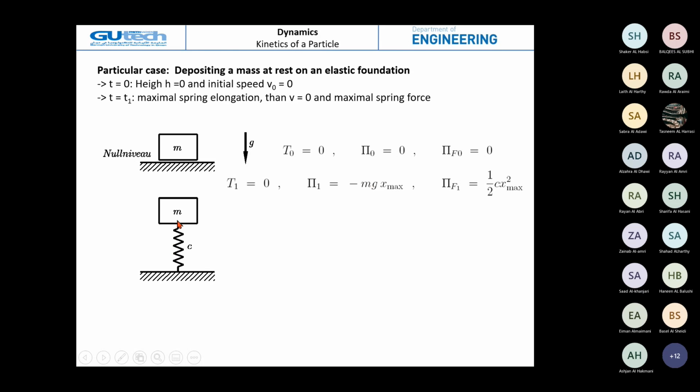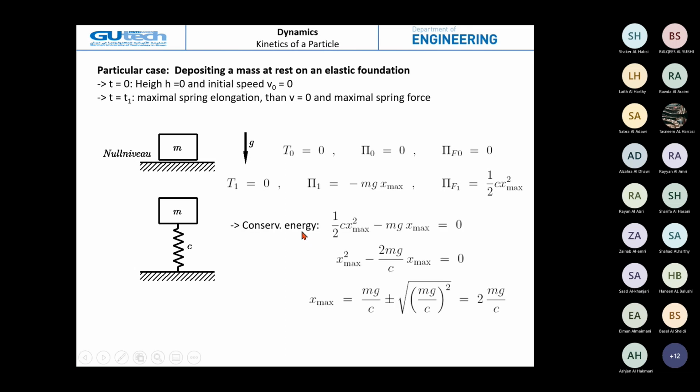That means we are at negative x, so we have minus mg multiplied by x max. Now we take the potential of the spring force, and we get half of c x max squared. We know that the potential is only the force multiplied by the displacement in the same direction as the force.